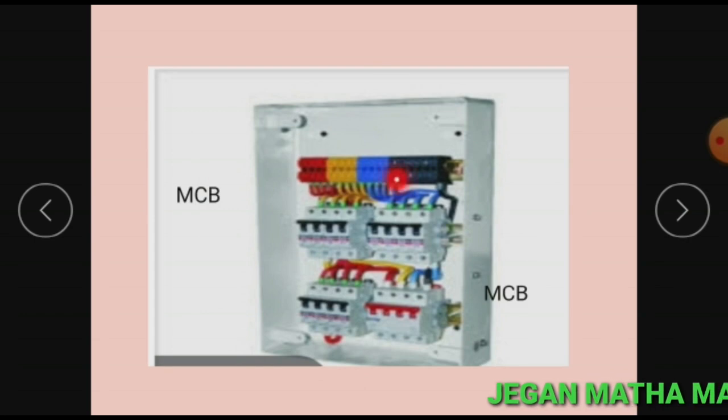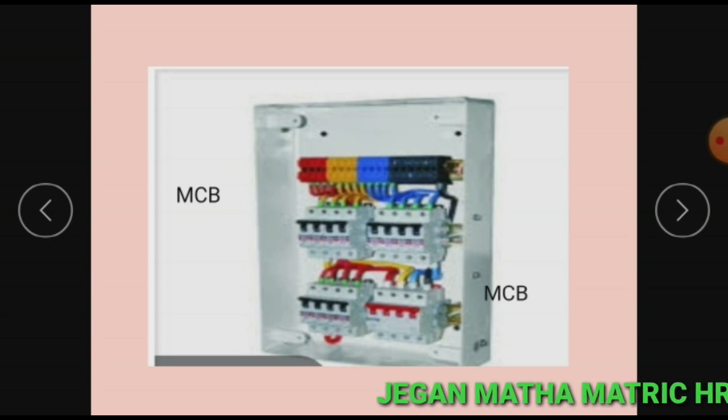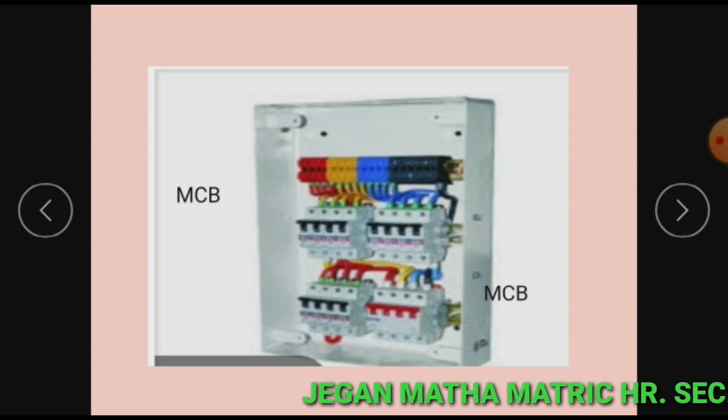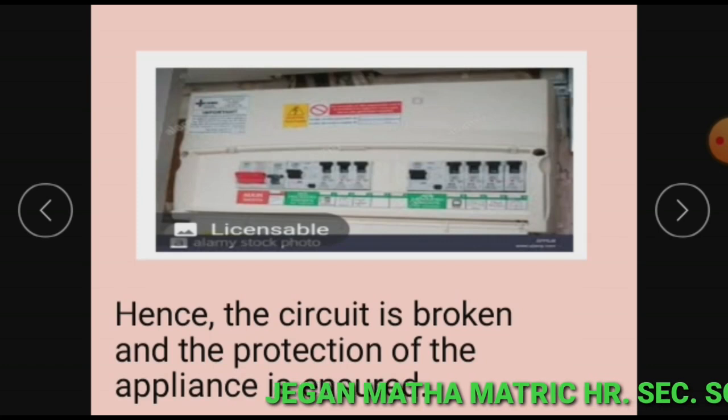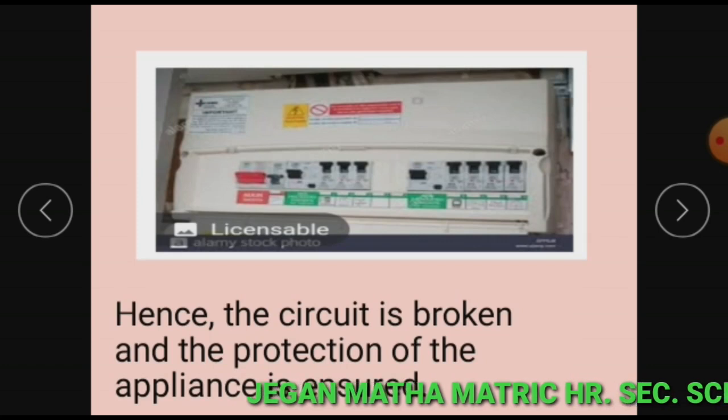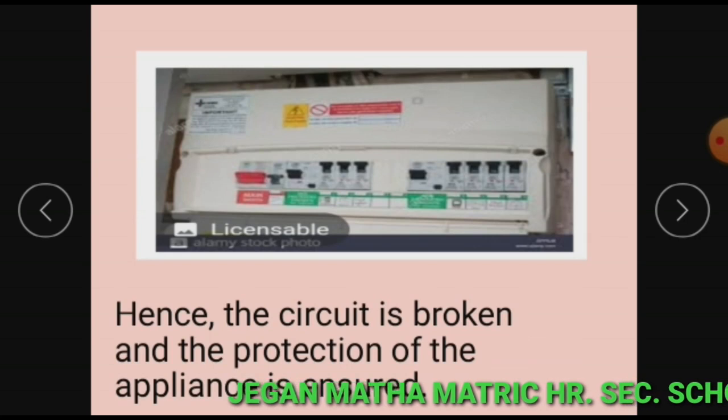It has a spring attached to the switch which is attracted by electromagnet when an excess current passes through the circuit. Hence the circuit is broken and the protection of the appliance is ensured. In this figure, MCB is shown.